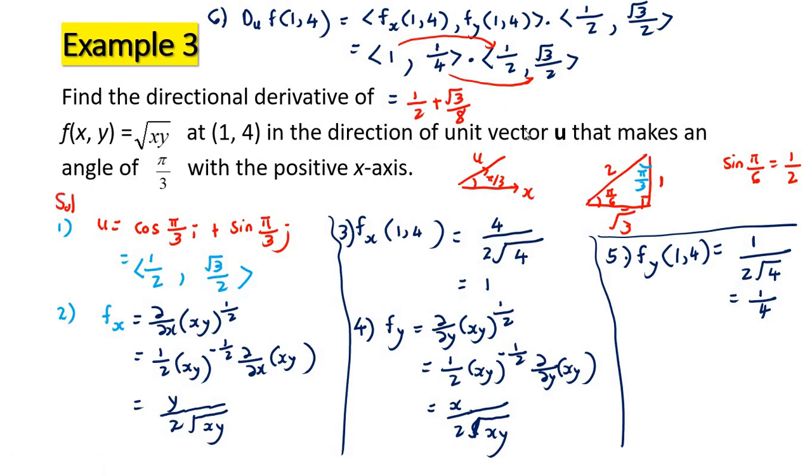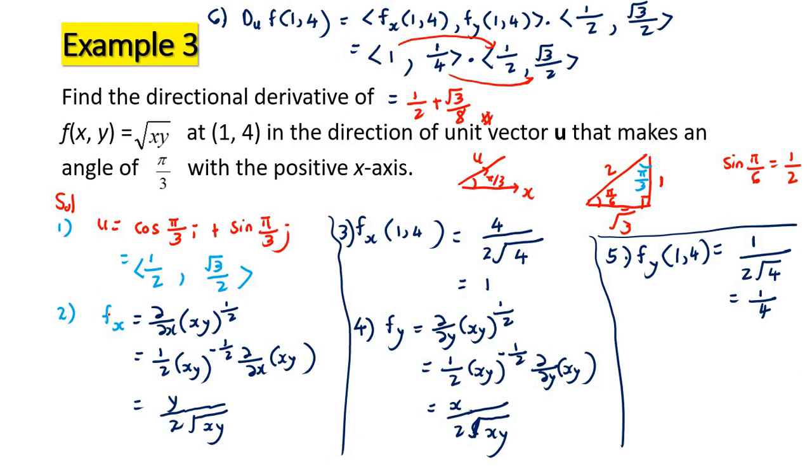So the answer that we obtain is half plus root 3 over 8. Example 3 compared to example 2: here it is not given the vector a but a unit vector u making an angle of pi over 3 with the positive x-axis. So the i component is cos pi over 3, which is half, and the j component is sin pi over 3, which is root 3 over 2.